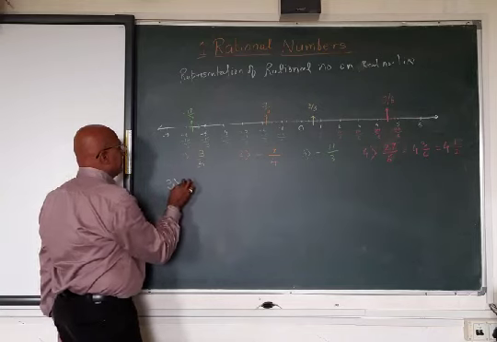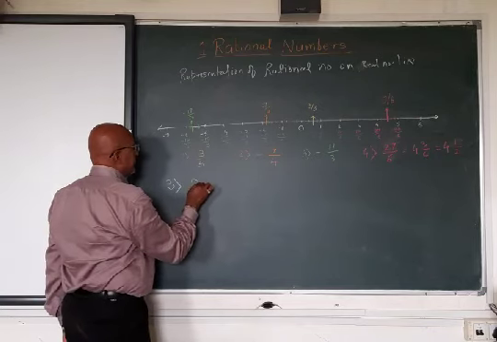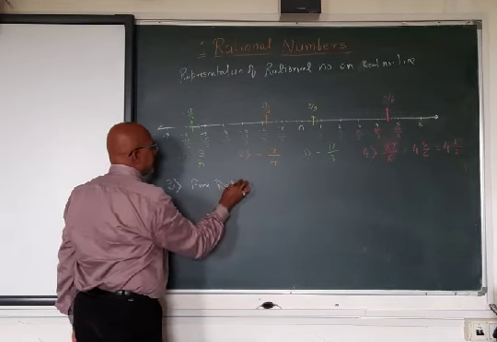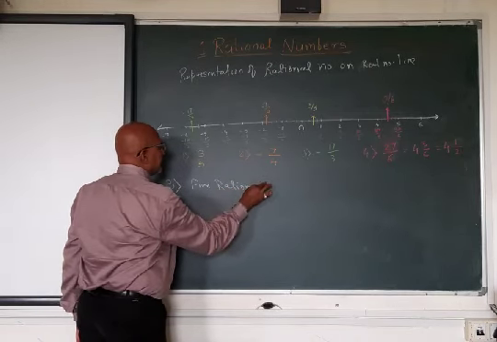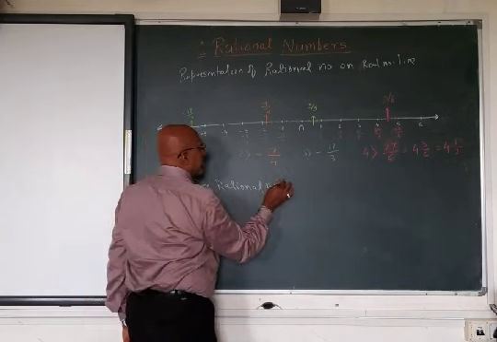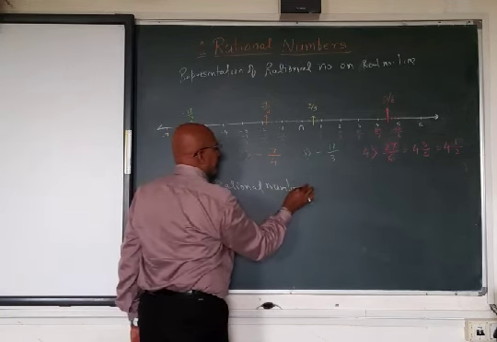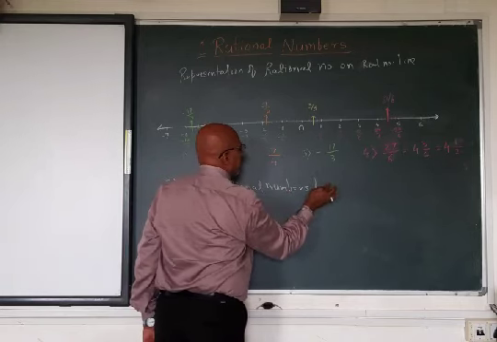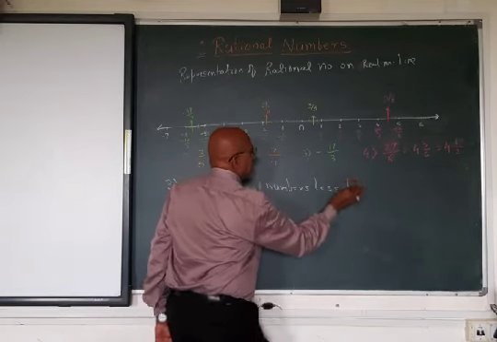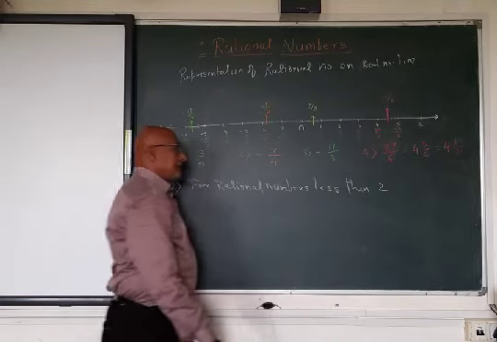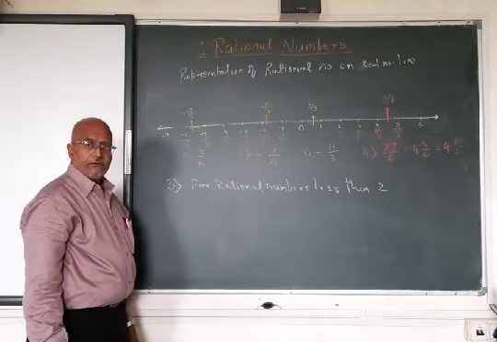So third one: 5 rational numbers less than 2.